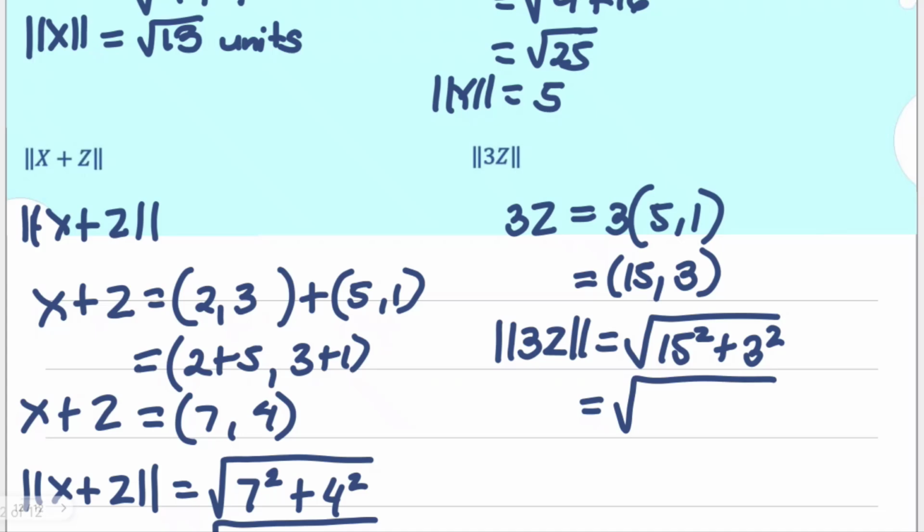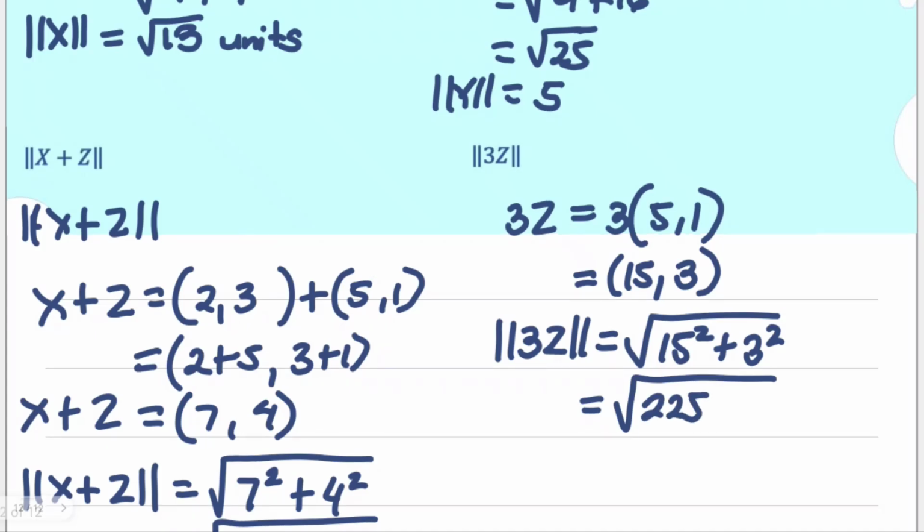You'll get 225 plus 9. So you will get the square root of the sum, which is 234. You would like to simplify that if possible. If it's not, then you stick with that.